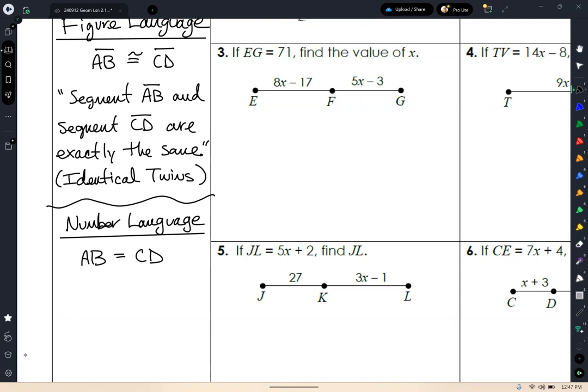In number language, I use an equal sign. Okay? And the way that reads is how I just said it. So the length of AB is equal to the length of CD.